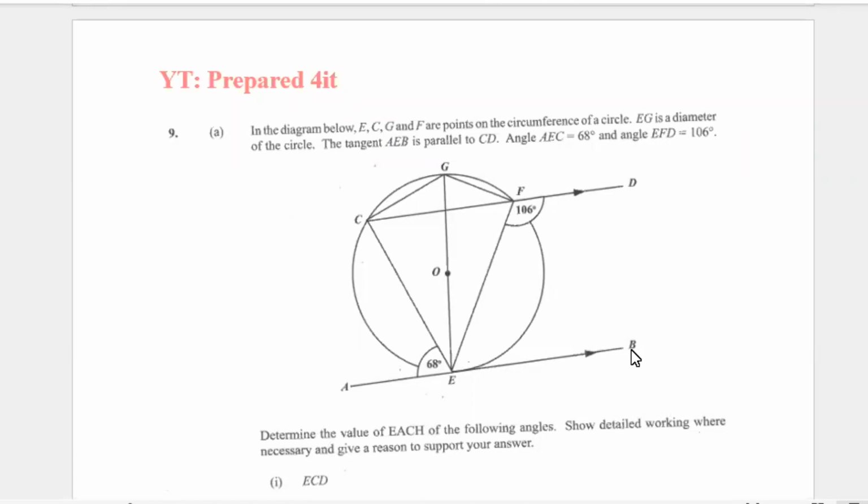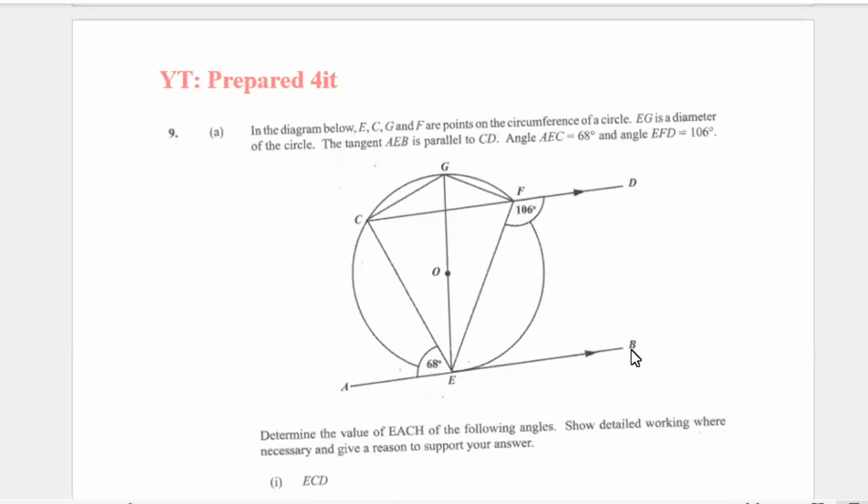At the circumference of the circle, right where the tangent is, what angle is formed? Anybody? 90. Okay.